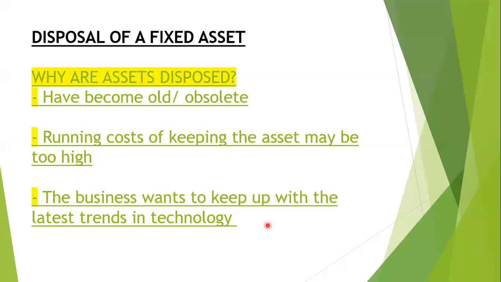The third thing that we've got here is the business wants to keep up with the latest trends in technology. So it's similar to this point here where the asset has become old or obsolete. So same thing with the computer, or they use machinery, for example. If you've got a manufacturing business and they've got a machine that can make, let's say, 1,000 items in an hour, and there's a newer machine that is able to make 5,000 items in an hour.